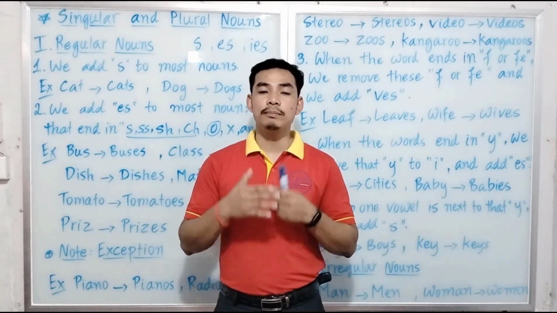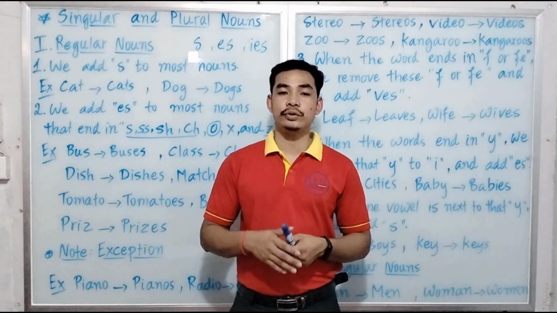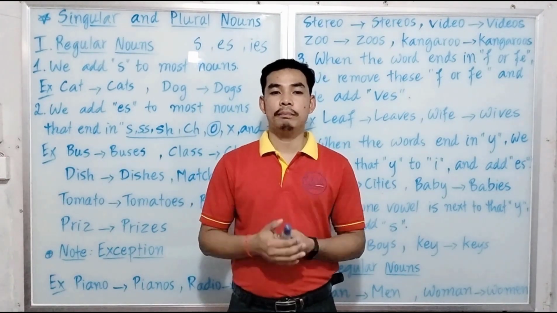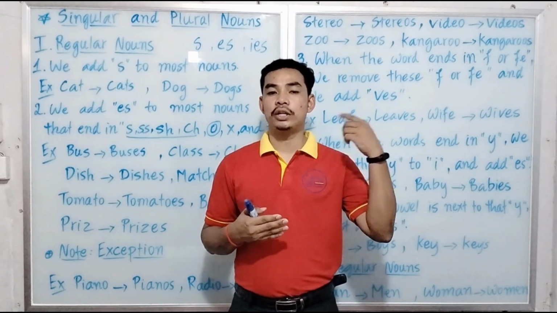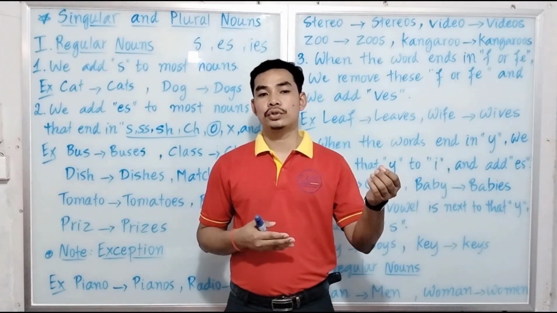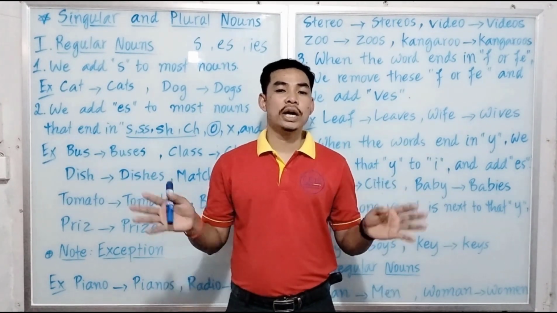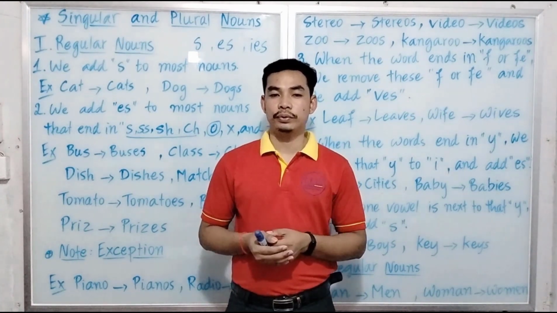So if you want to learn more about irregular nouns, you can go to Google and you just type irregular nouns list. You will see many words of irregular nouns, like child, children, person, people, foot, feet, tooth, teeth. So there are many more, but I have only two for you.